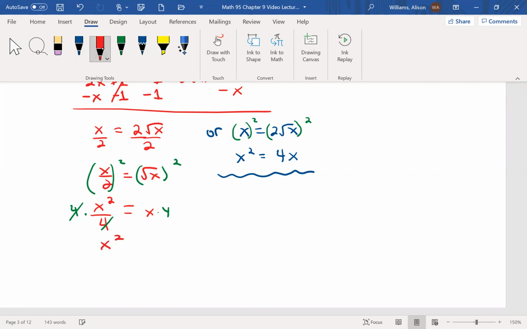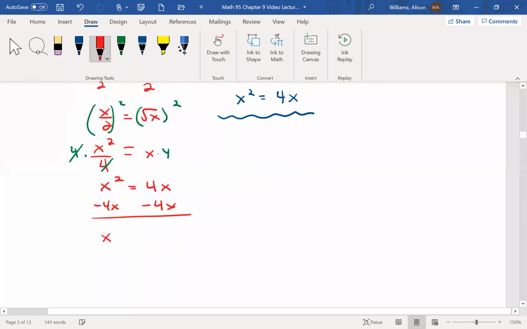What I have, though, my result here is a quadratic because I have something squared. And I only have one way of solving that, and that is I have to factor. But before I can factor, I need to get it equal to 0. So I need to move the 4x over to the other side. So that leaves me with x squared minus 4x equals 0.